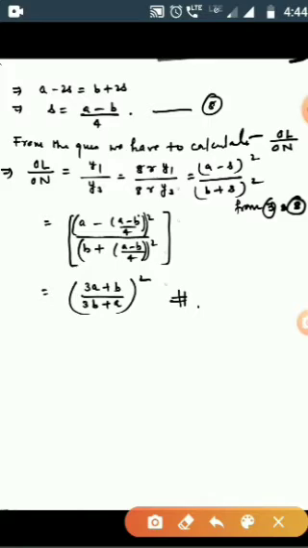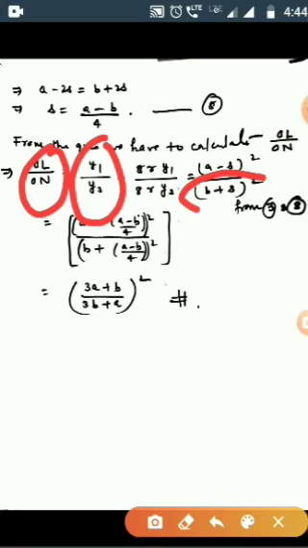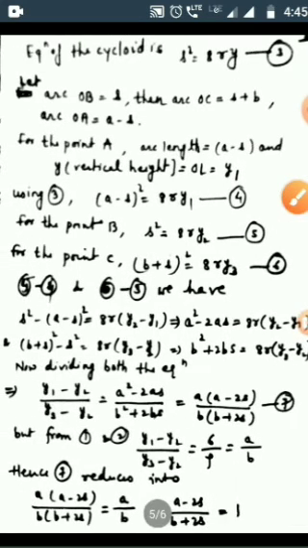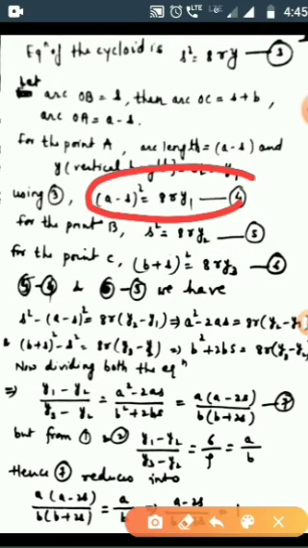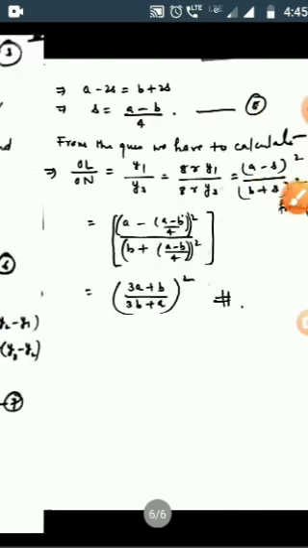Now we have to calculate the vertical height ratio, that means OL by ON, which is equal to y1 upon y3. Now we multiply by 8r in numerator as well as in denominator. So this is equal to (a minus s) whole square upon (b plus s) whole square, from equation number 4 and equation number 6.